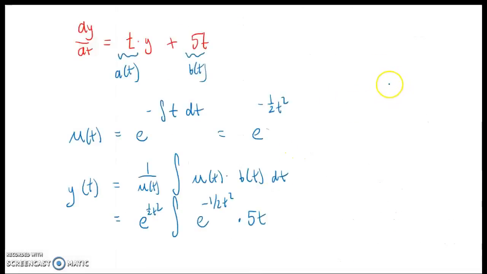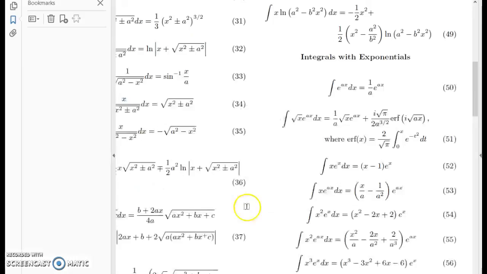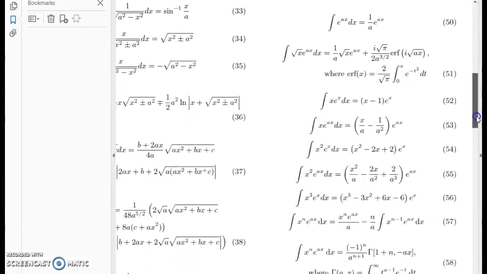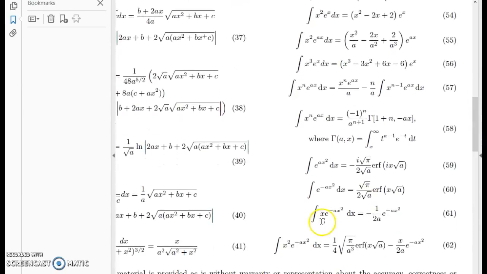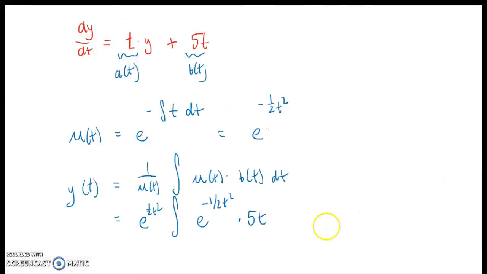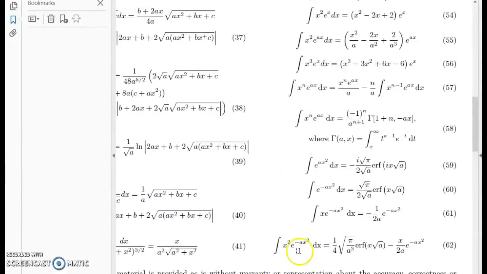So let's see. We have something of the form, let's see if we can identify this. There we go. x e to the negative ax squared. Well, that's what we have. We know that the integral of x squared e to the negative ax squared... oh, no, that's not the one we have. This is the one we have.